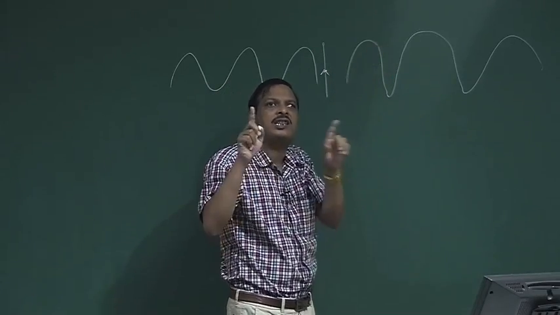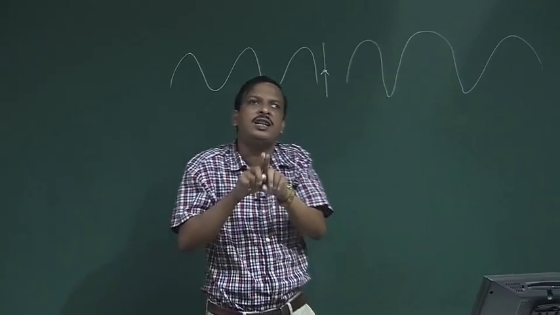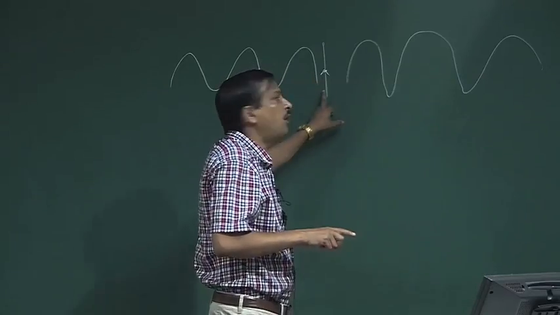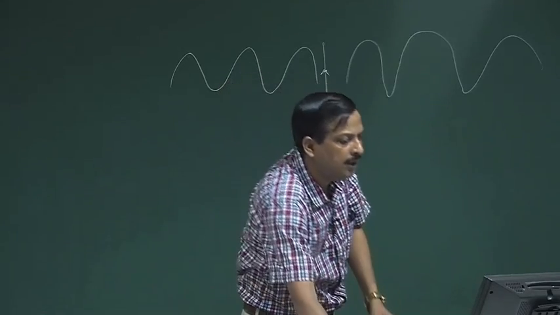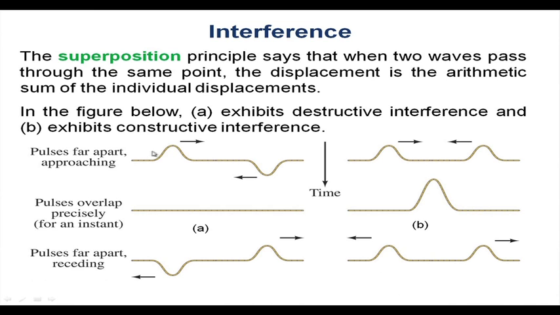That sum is the resultant displacement at the point of interaction. If you see the figure here, one wave is going in this direction and another wave with negative phase is going in the reverse direction. When they meet at a certain point, there will be destructive interference, because this amplitude is negative and this amplitude is positive.